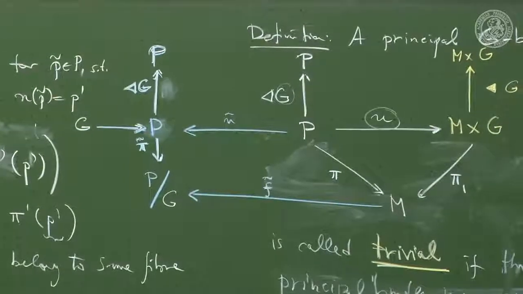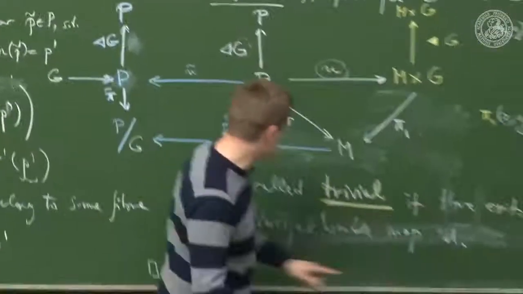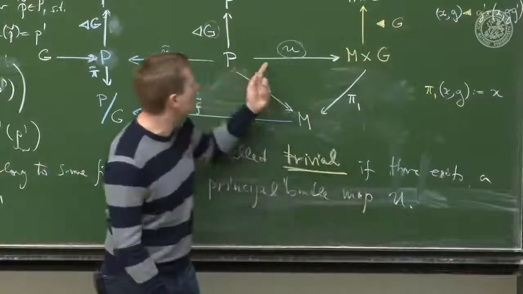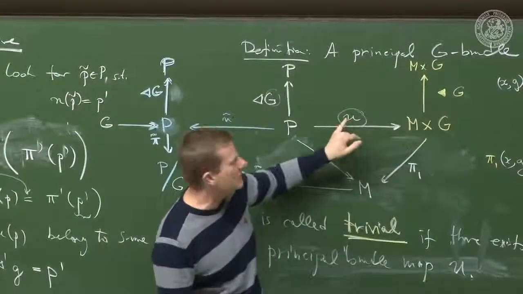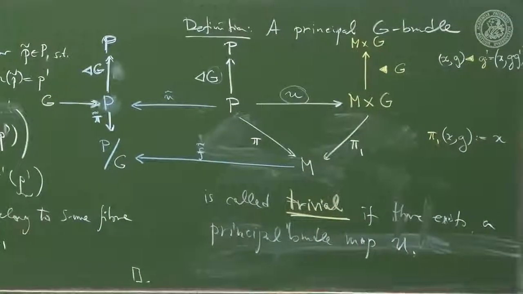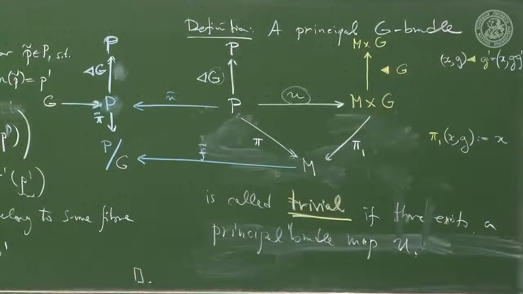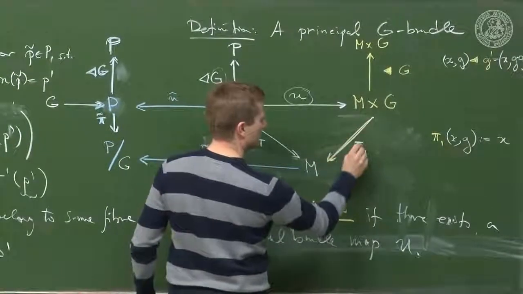Cartesian product. No, not every one, but if there exists a principal bundle map U from the white guy to the yellow guy, where this really should be yellow, right?